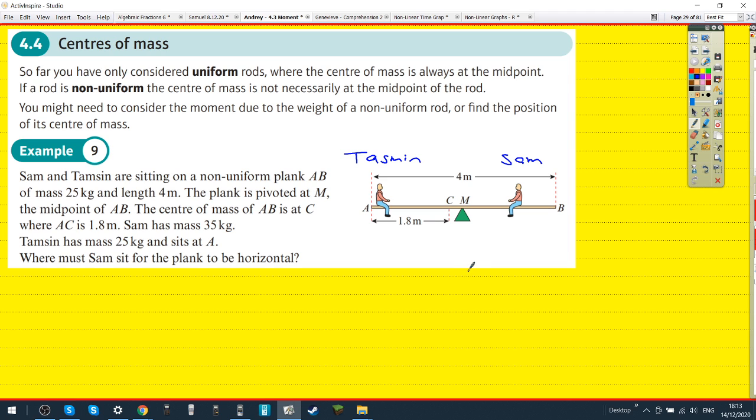Yeah. So AB is apparently 25 kilos. So I'm assuming that's in the middle. No, it's a non-uniform plank. Hang on, it tells us the center of mass is at C.